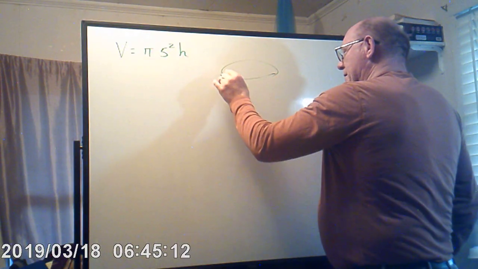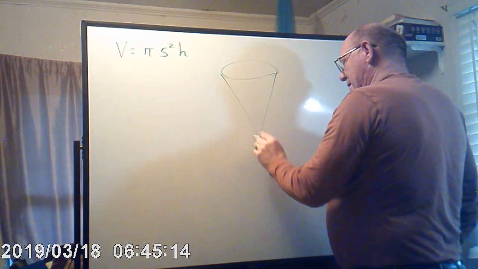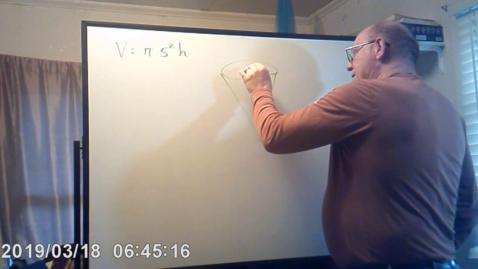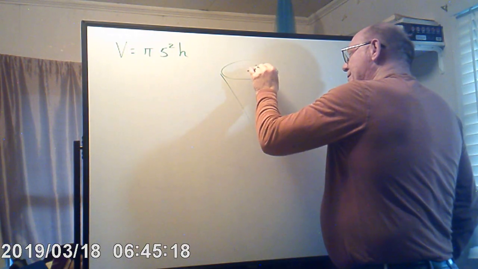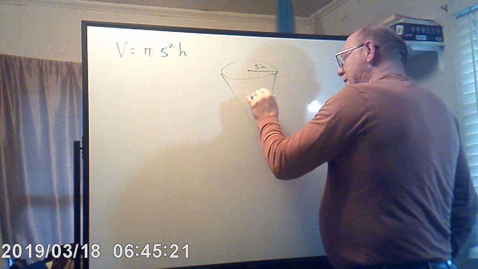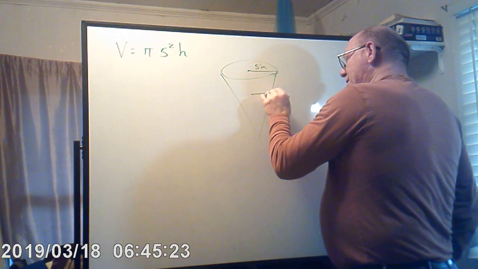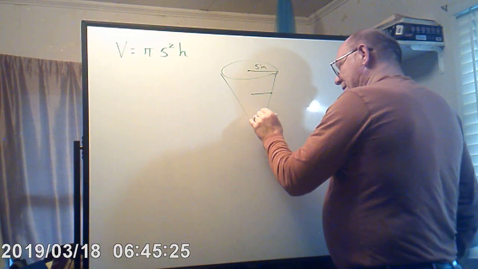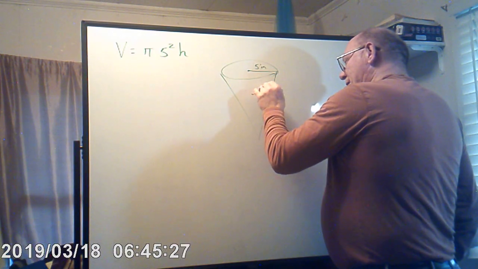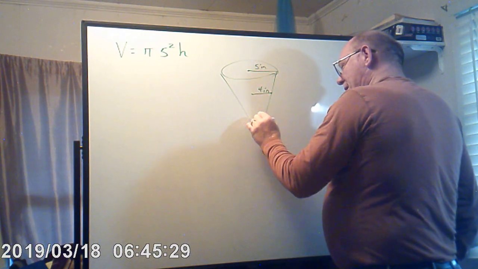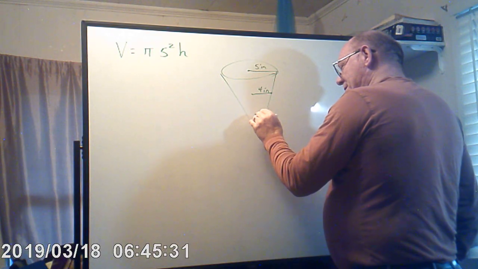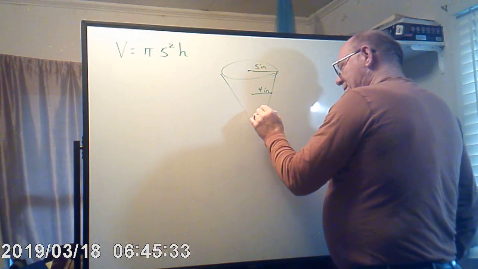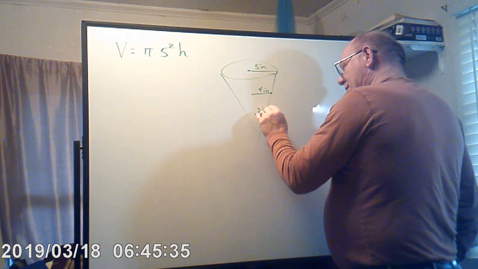Okay, in a cone like this, r does change. See, here's 5. Let's say this is 5 inches here, and then that does change at a certain rate. A little bit less, isn't it? This may be 4. Okay, this may be 3 or 2 inches, whatever.